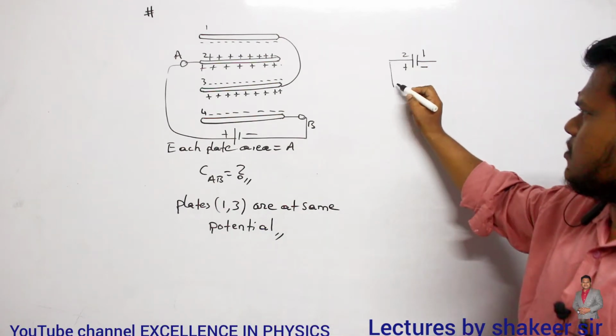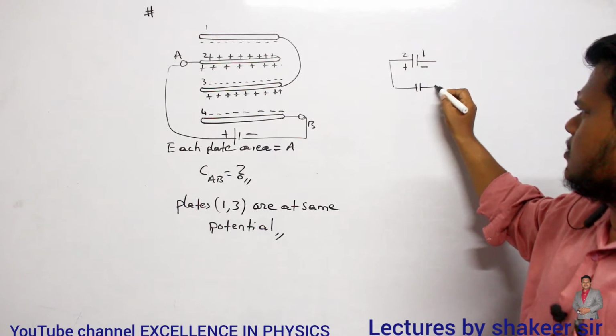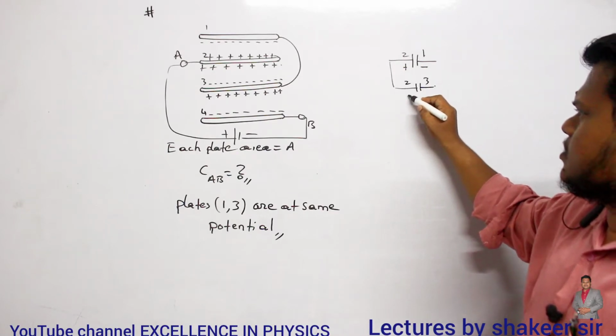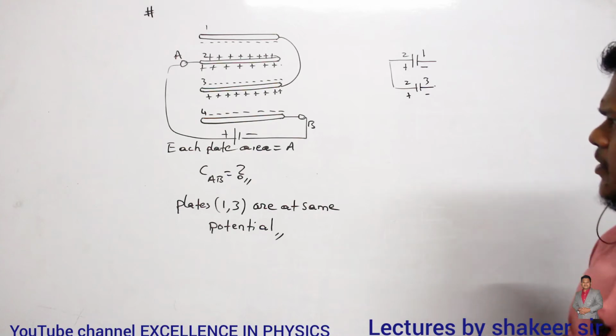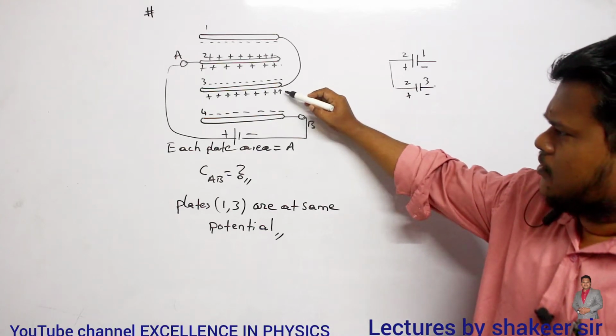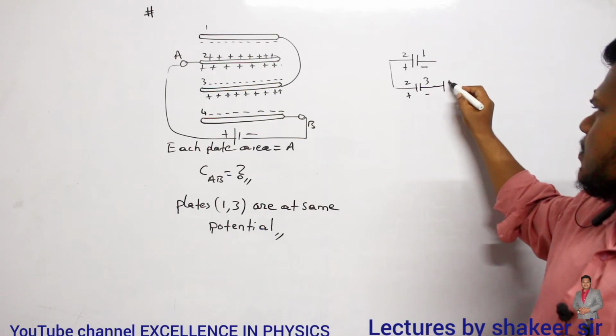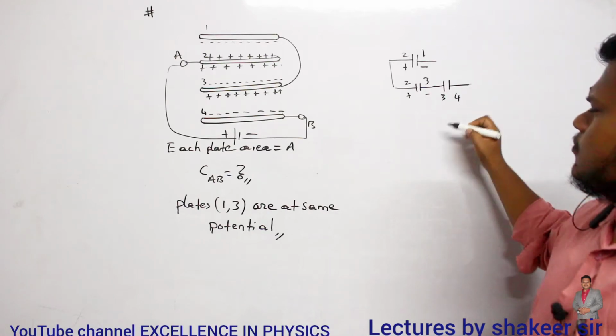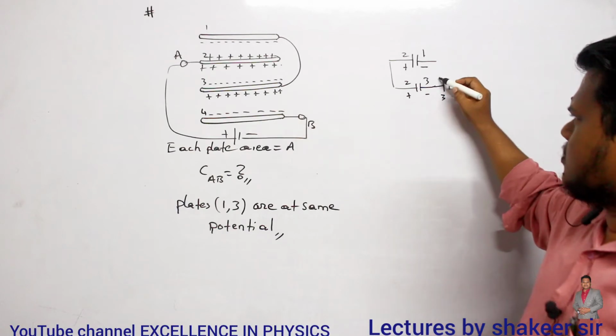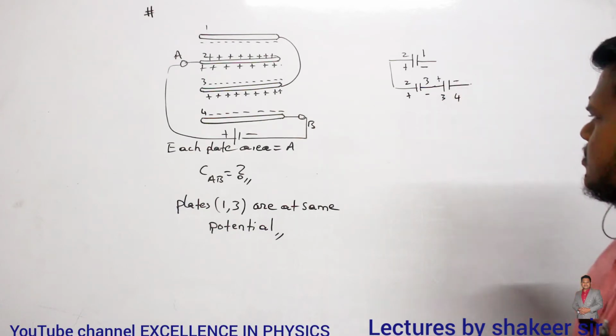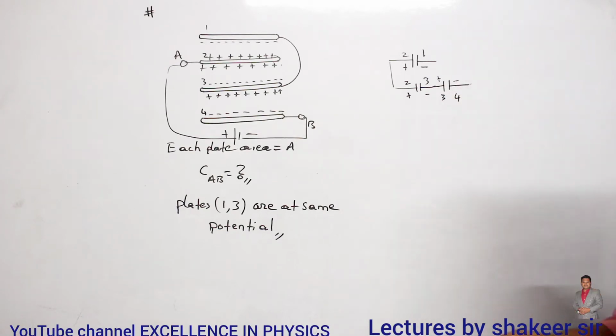So one more capacitor which I can draw is 2, 3: this is positive and this is negative. Then from here I go to one more capacitor, 3 and 4. So 3 is positively charged and 4 is negatively charged. So this is the arrangement which I got.